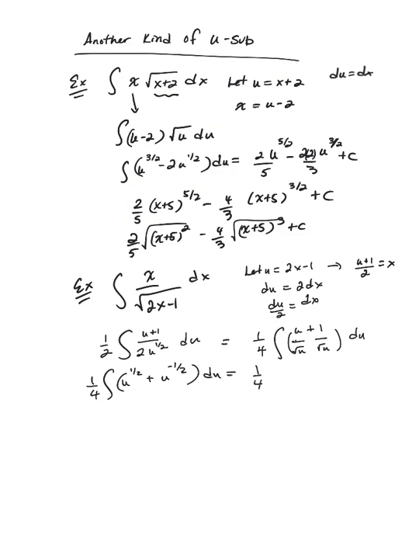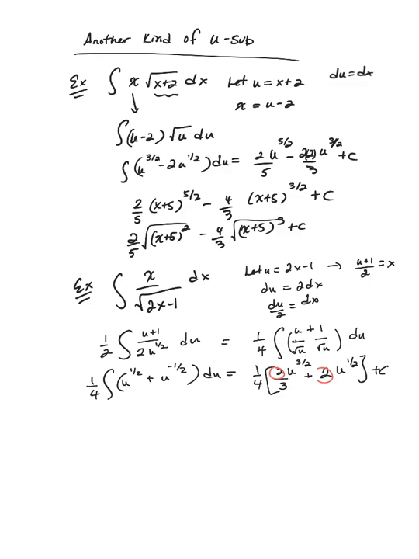Okay, now remember it's our job to bump it up 1. U to the 3/2 times 2/3, u to the 1/2 times 2, plus c. I could distribute that quarter. When I distribute the quarter, these 2's are going to cancel with it.